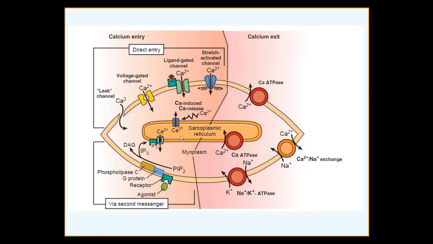So that's another way where we do not have depolarization in order for calcium to come in. A third way also does not require depolarization of the cell, and that is when we have leak channels, and those leak channels will allow calcium just to seep in from the extracellular space, from the caveoli, and therefore when you have enough, then you will start firing contraction on your own.